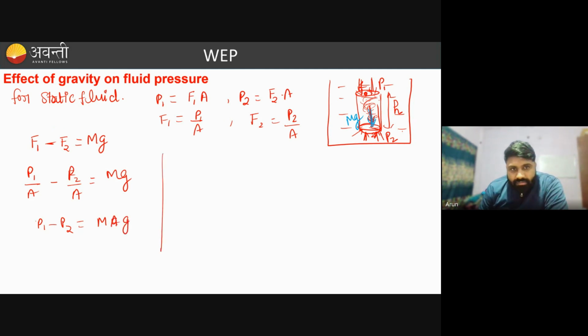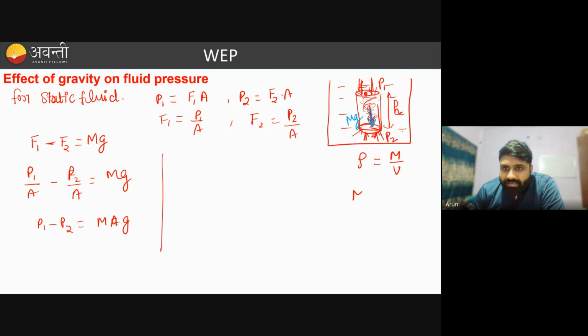Now, this mass you can express in terms of volume also. Density of the fluid is given by rho, mass upon volume.